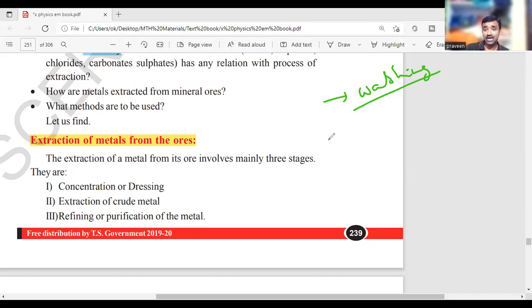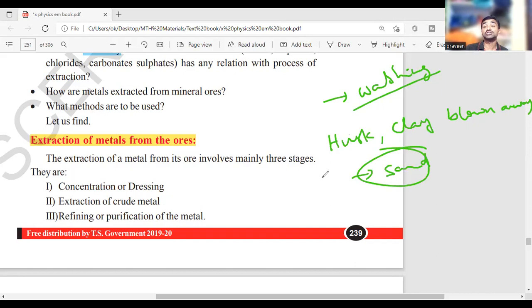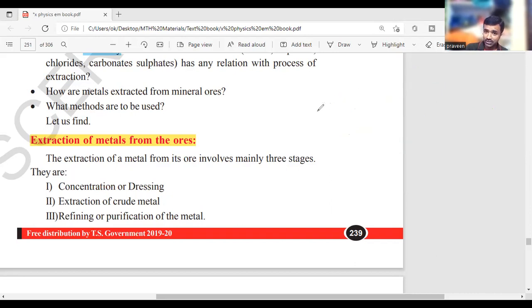Small husk or very light particles, clay particles, are blown away in the rainy season. So what remains? Sand particles remain there. It is due to what? The stream flow of water. In the ore also, you may have clay particles, light particles, husk may be present in the soil.